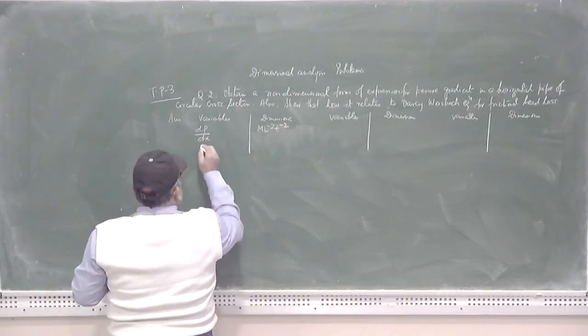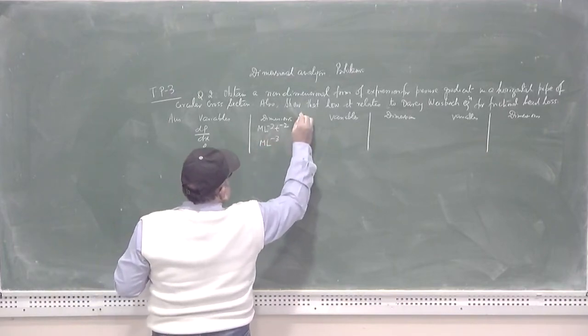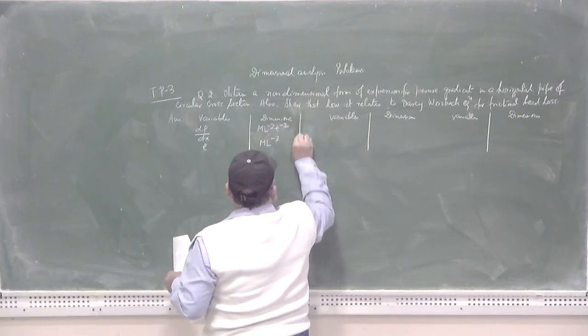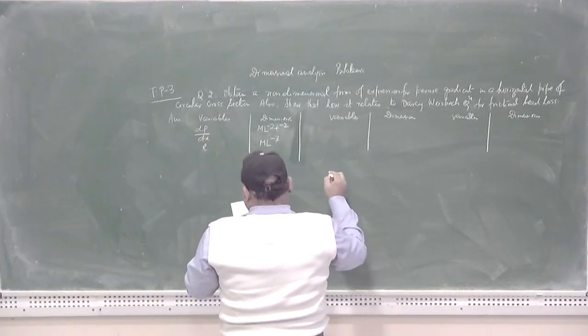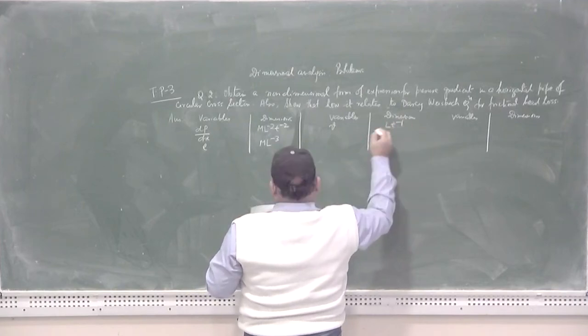Another variable is rho, the density, M L to the power minus 3. Another variable is v, the velocity, the dimension is L T to the power minus 1.